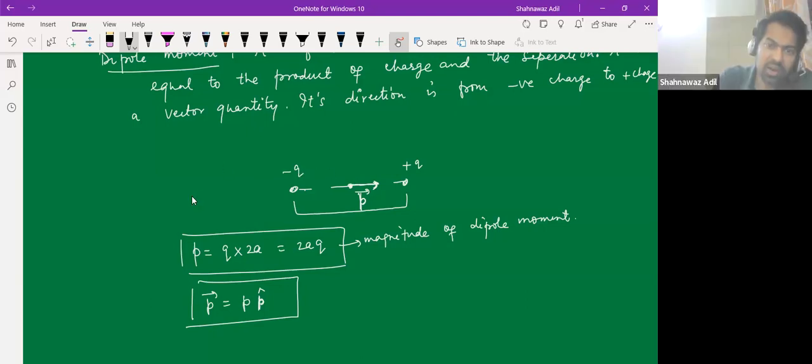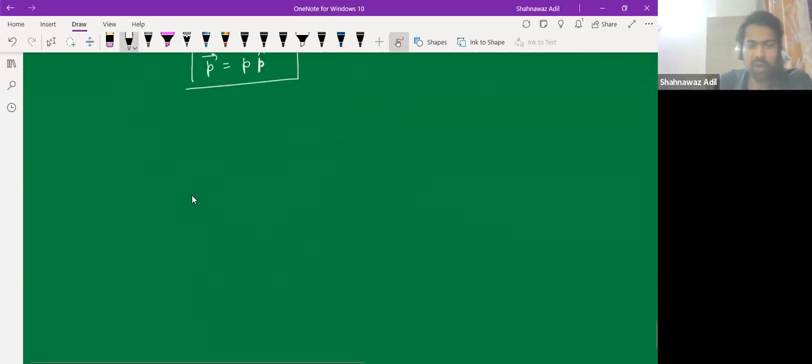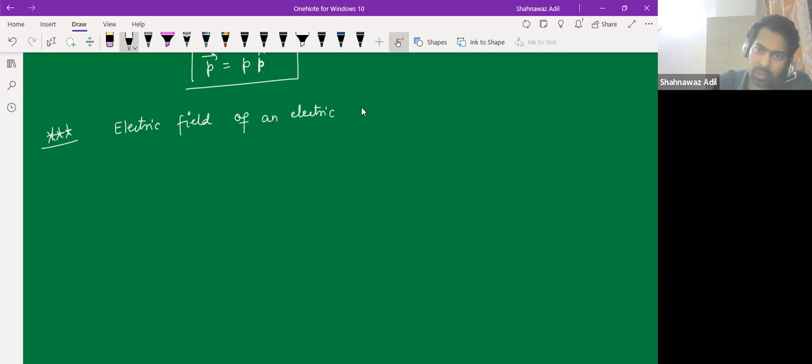Okay, so now the important topic comes, and this is a very important one: the electric field of a dipole.